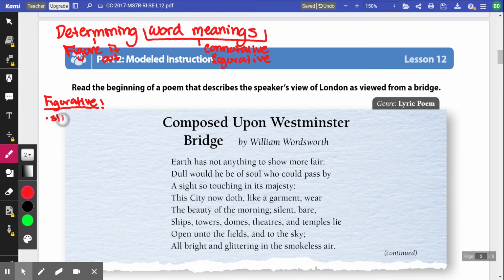We've got simile, metaphor, personification, idioms, allusions, and hyperboles.